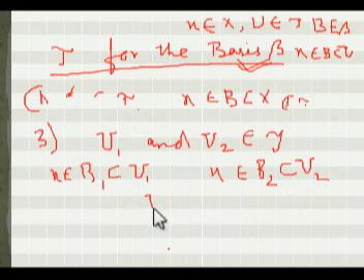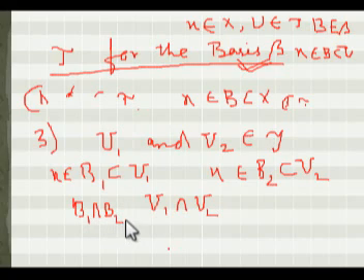If we take the intersection U1 intersection U2, then B1 intersection B2 is a proper subset of U1 intersection U2. From this we can write that X belongs to B1 intersection B2.